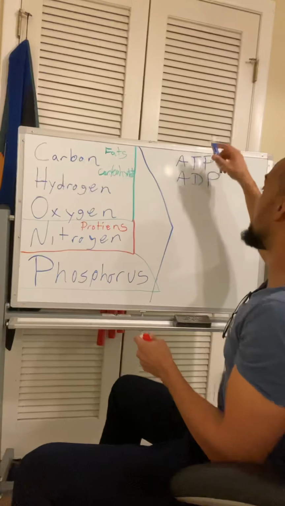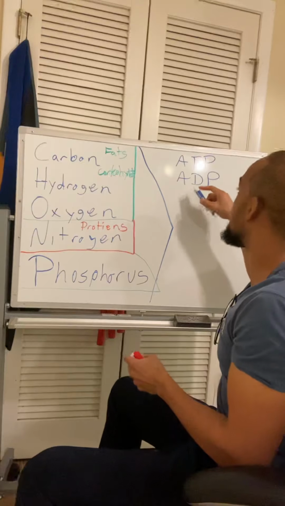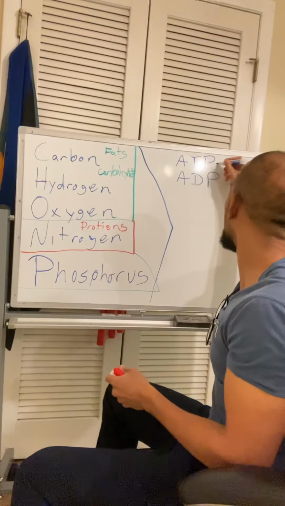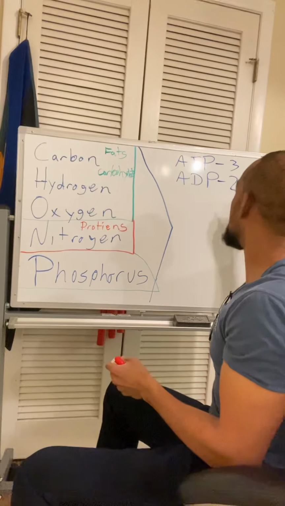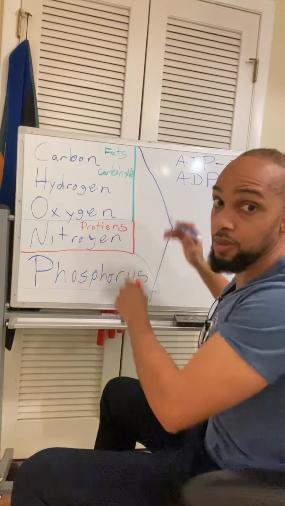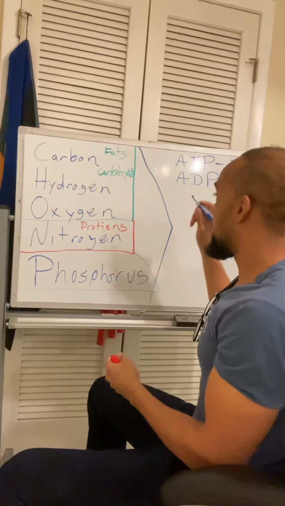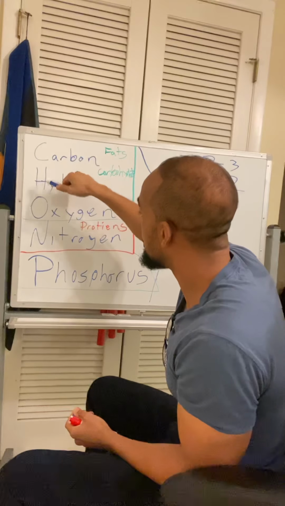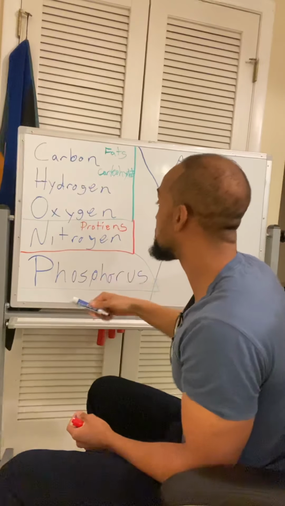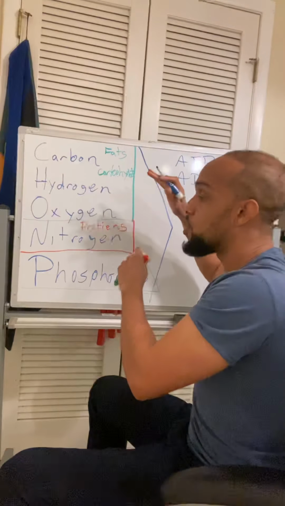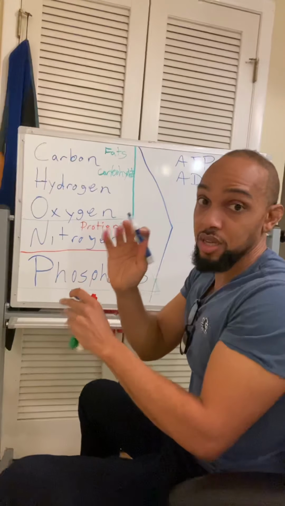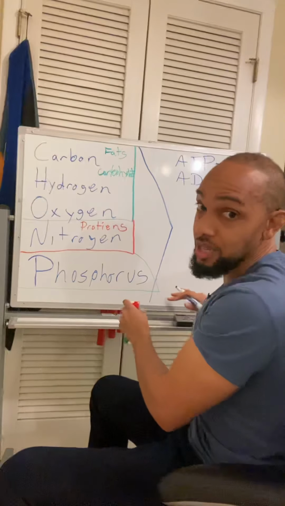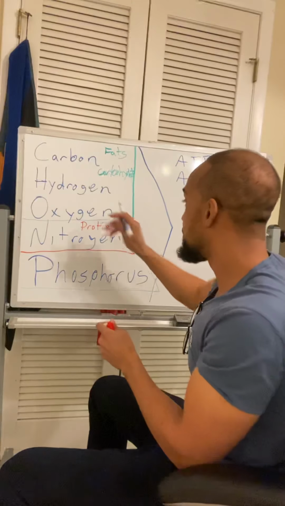Now remember, the only difference between ATP and ADP is the number of phosphate groups it has. ATP has 3, ADP has 2. I'm just gonna stop it there at the fundamental level. And also, the big one, carbon, hydrogen, oxygen, nitrogen, and phosphorus, at the right quantities of each, and I'm going to discuss the chemical formula of all 3 of these in the next video.